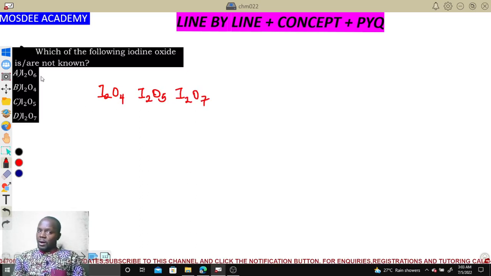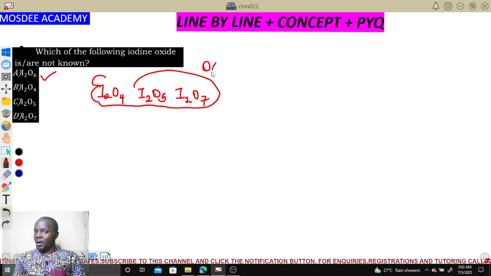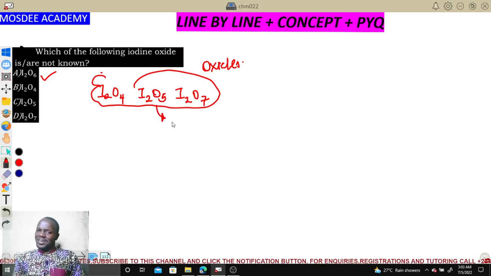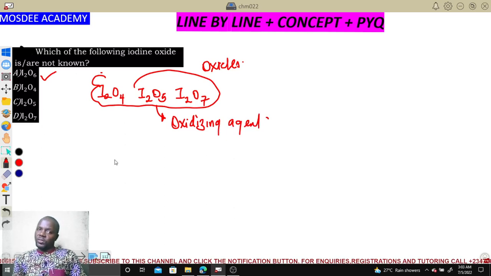I never talked about I2O6 among the oxides of halogens. So I2O6 is not known. In fact, I said this I2O5 is used as a powerful oxidizing agent. You can see I say powerful. So there's nothing like I2O6 as an oxide of iodine.